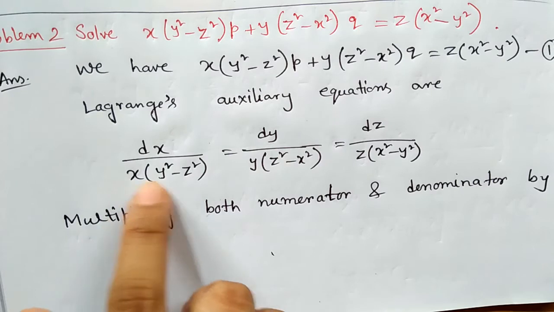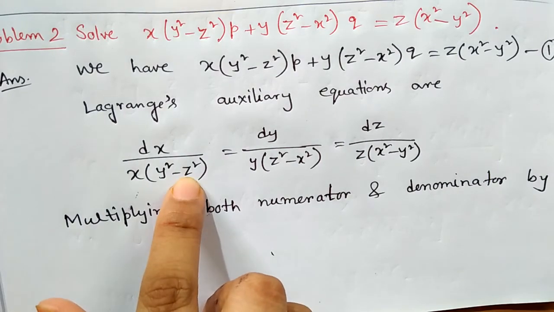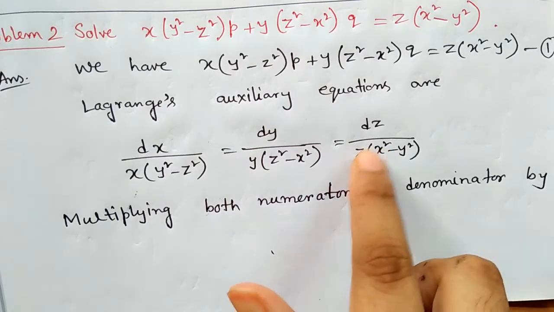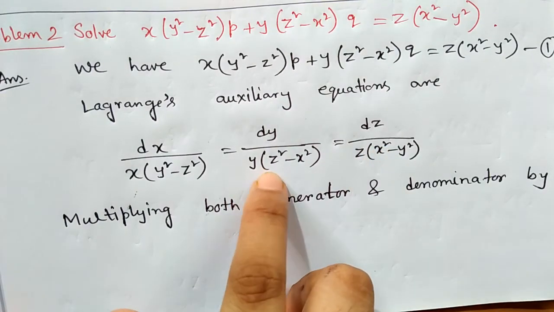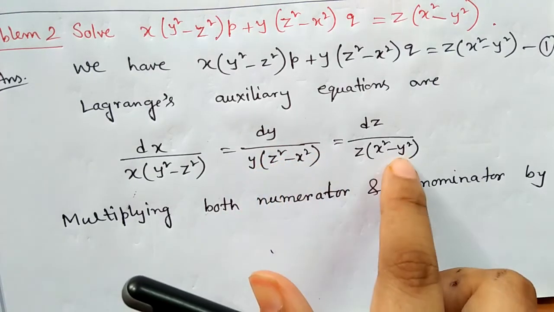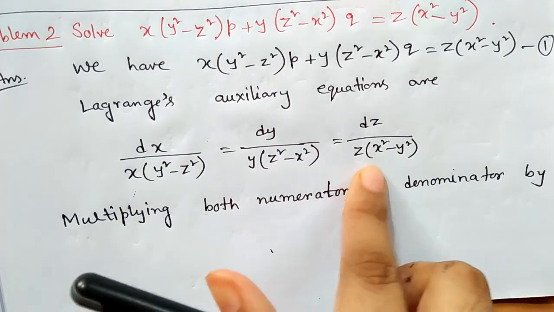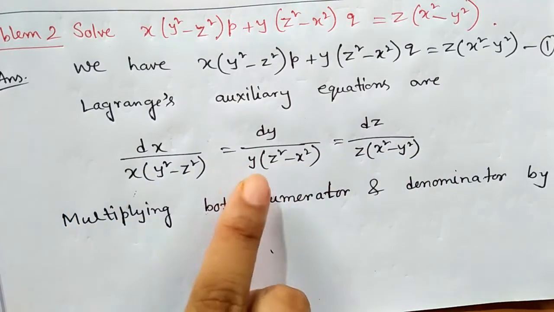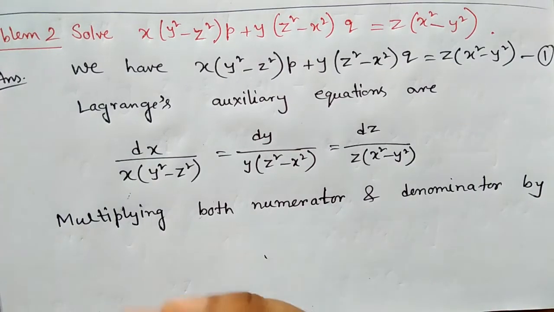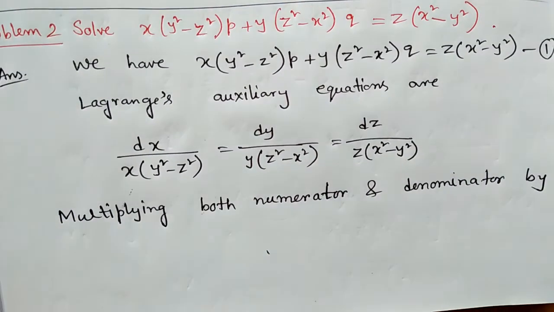Then minus x²z² and x²z², then here y²z² and minus y²z². So everything in the denominator will be cancelled out and converted to 0.